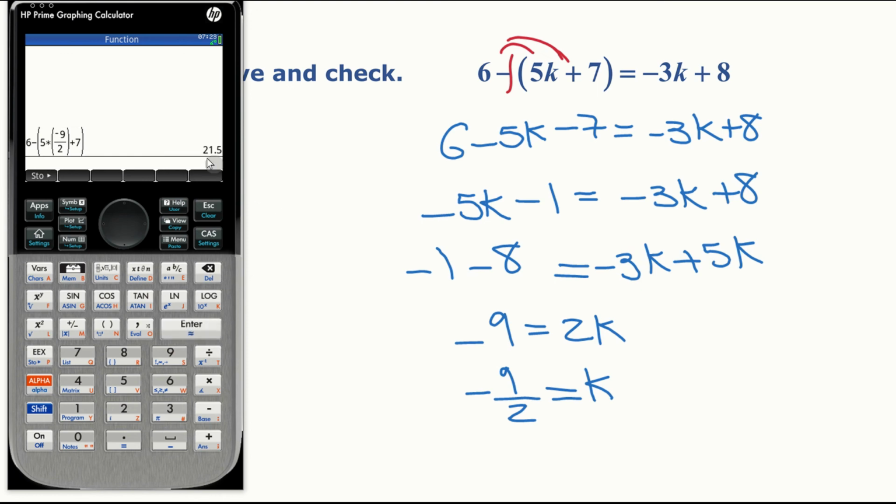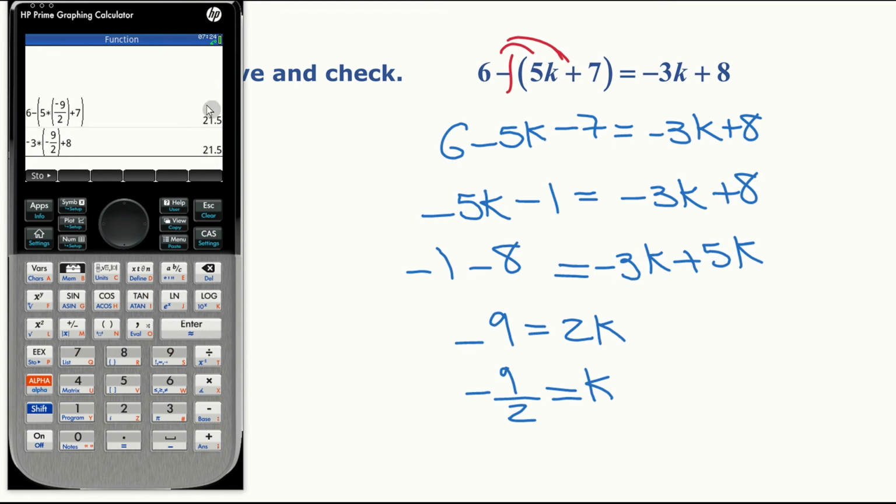That's 21.5. Now we're going to plug -9/2 into the right side of the equation and see if we get the same thing. So -3 times -9/2 plus 8.